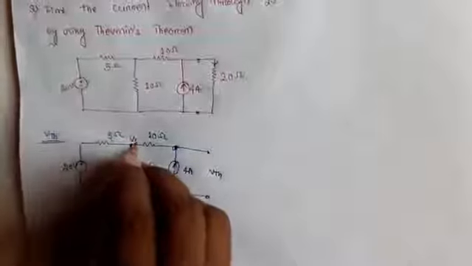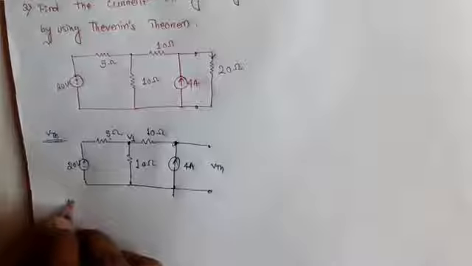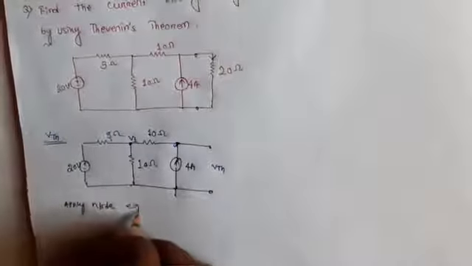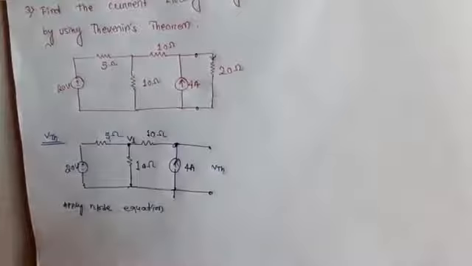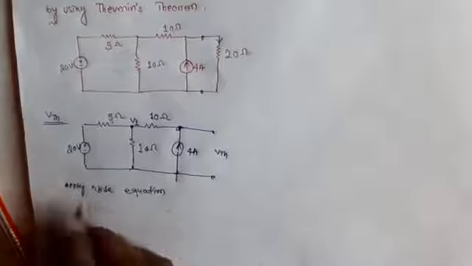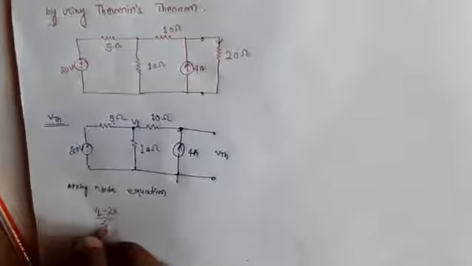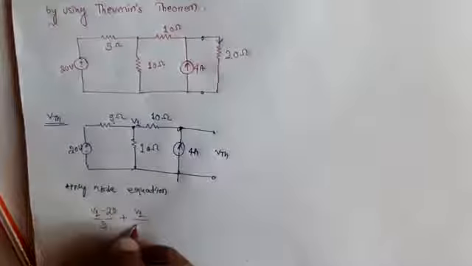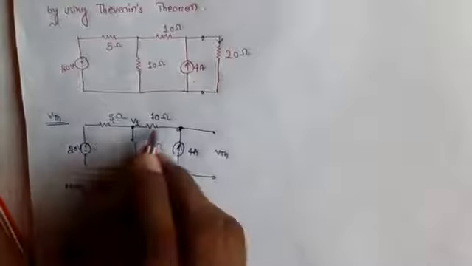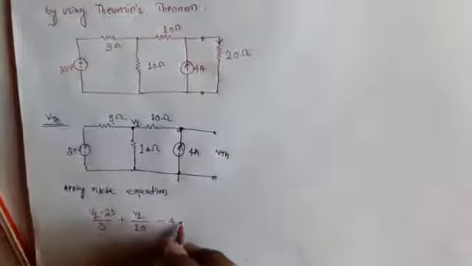This is V1. Apply nodal analysis, the node equation at V1: (V1 minus 20) by 5, plus V1 by 10, and the current entering is 4 ampere, so minus 4 is equal to 0.